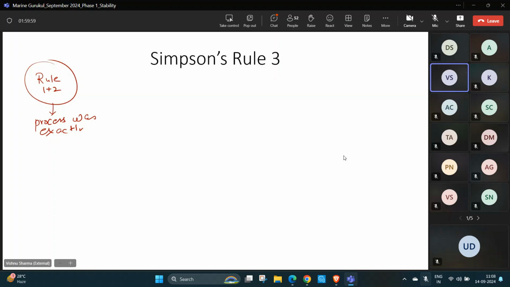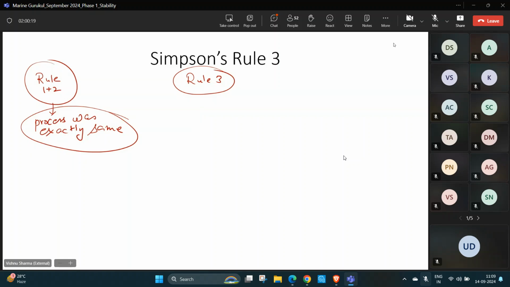The difference was only in the values of Simpson's multiplier, coefficient, and applicability criteria. Simpson's rule 3 is in many ways similar to rules 1 and 2, but it also has very distinct differences.